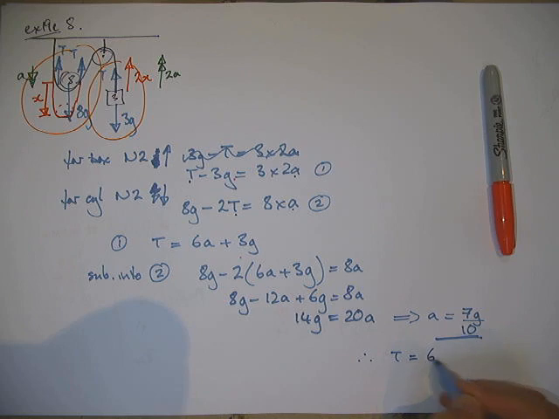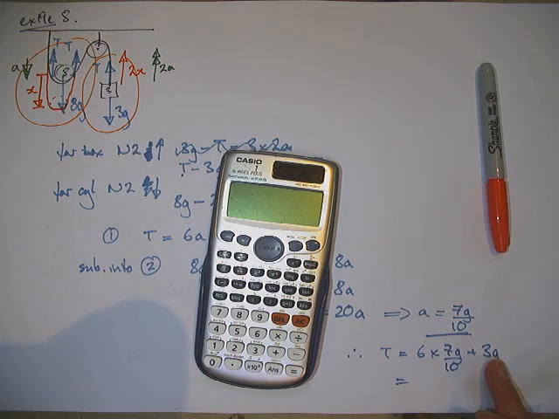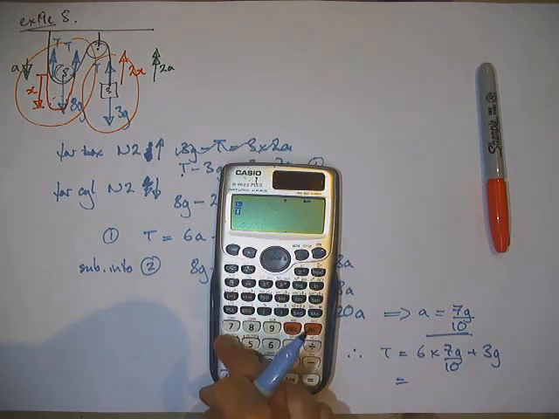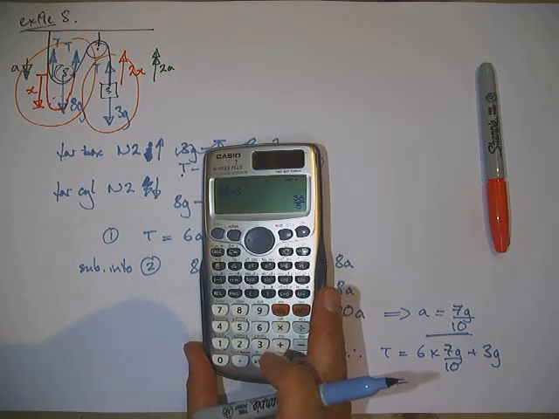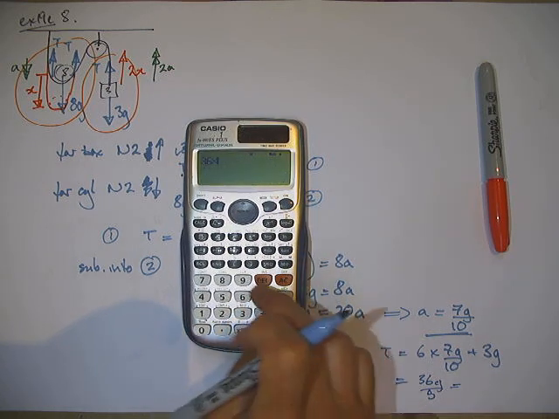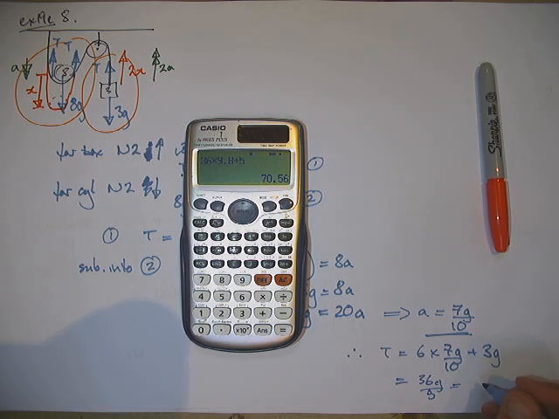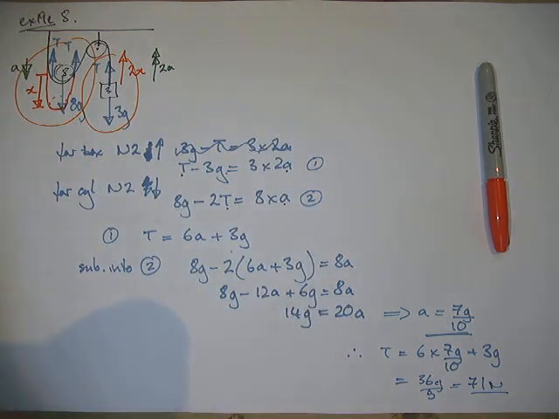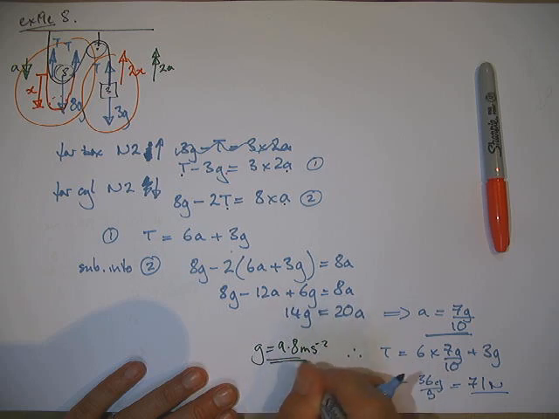Therefore T is 6 times 7g upon 10 plus 3g, which is 42 over 10 plus 3, which I have a feeling I should be able to do in my head, but my brain at this time of night has gone to pot. 36g upon 5, which is 36 times 9.8 divided by 5 equals 70.6, so I'm going to say 71 newtons, because g was to 2 significant figures.